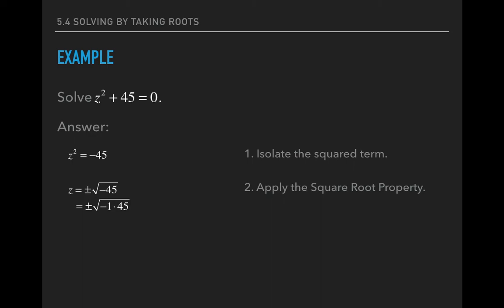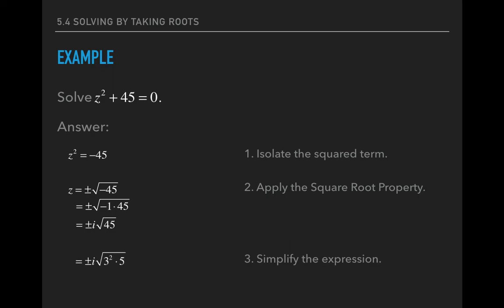Now, -45 can be expressed as -1 times 45, which means we're taking the square root of -1, which we know by our previous definition is i. So what we're looking at here is a positive or negative i times the square root of 45.